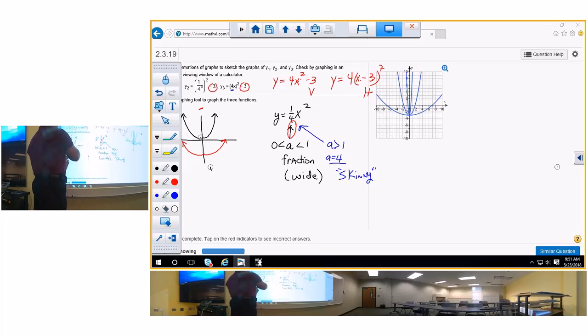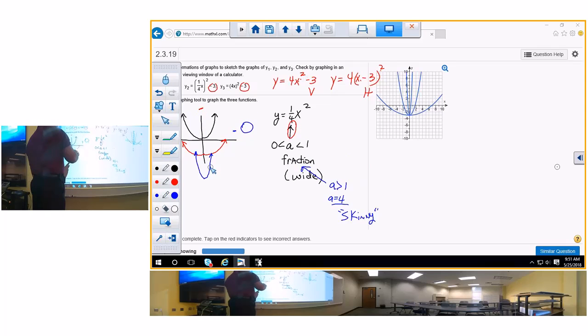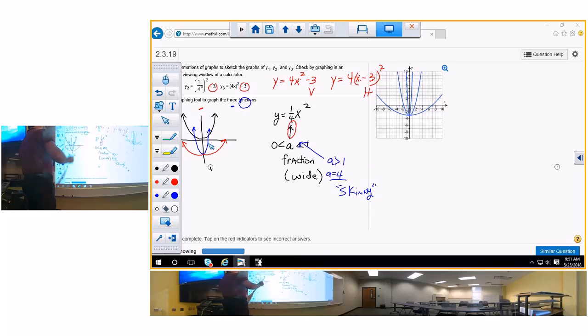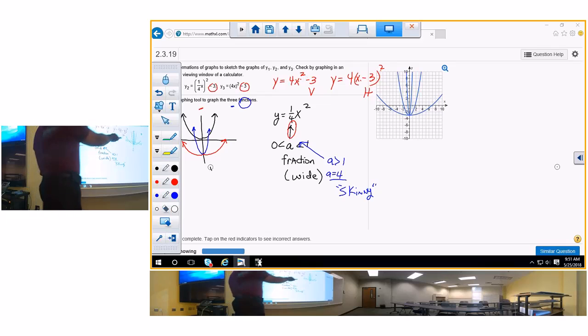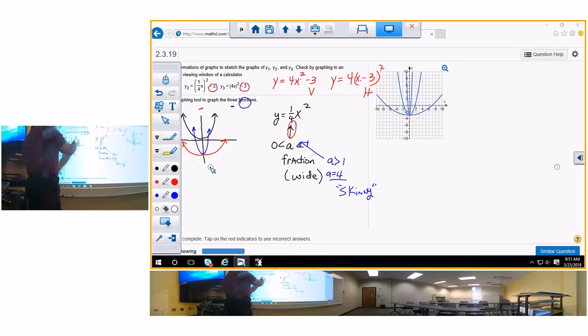So it's going to look something like this. And it also has a vertical shift of -3. So I'm going to take that blue one and pull it down to -3 like that. So your finished graph is going to look like this. That's what it's going to look like.